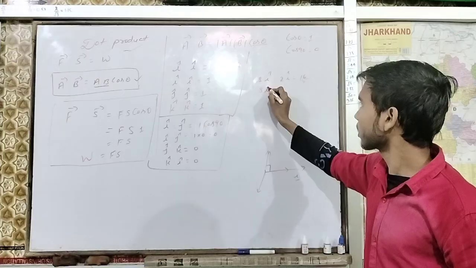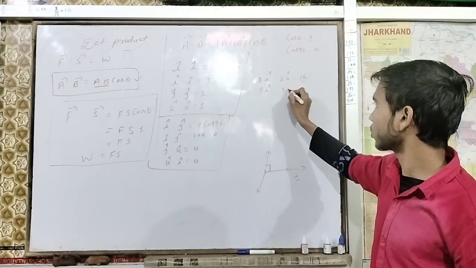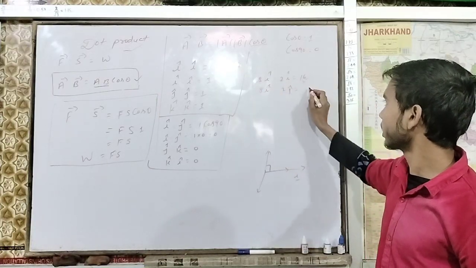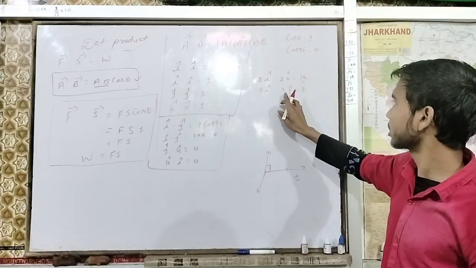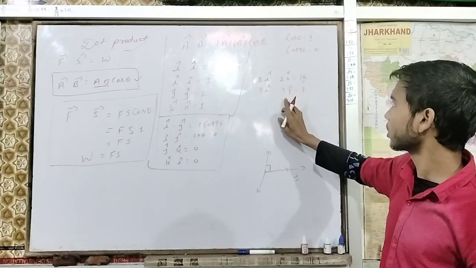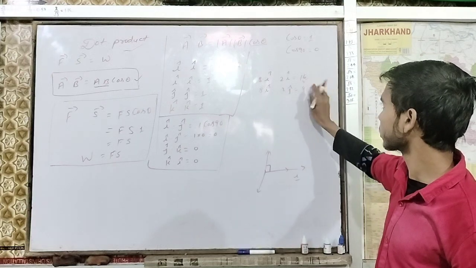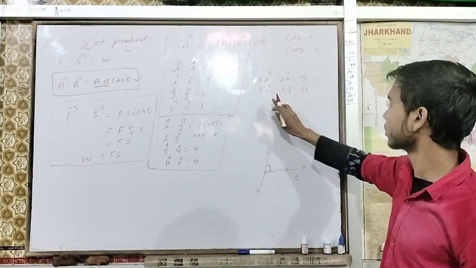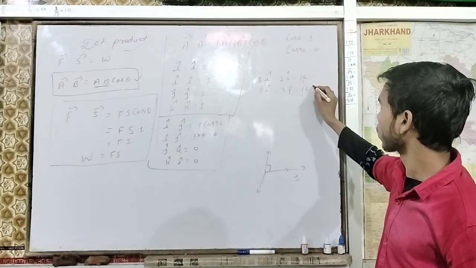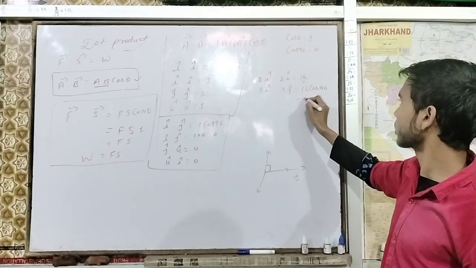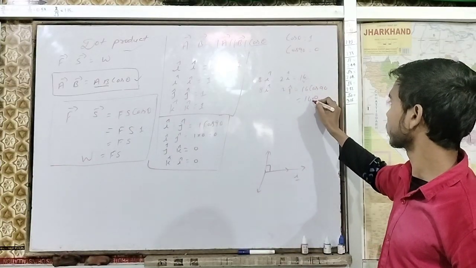What if we take 8i into 2j? In that case, what will happen? 8 and then 2, that is 16, clear. Now cos 90, so of course this is becoming 0.